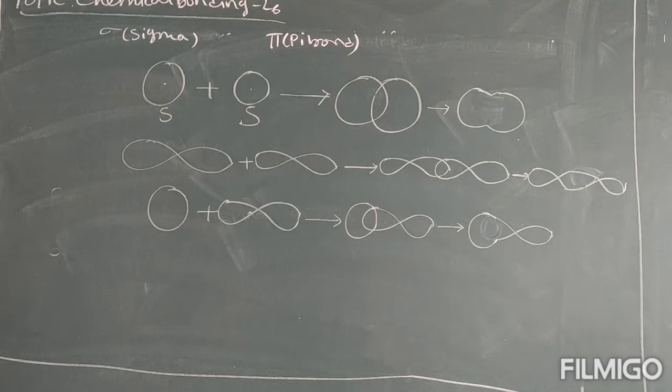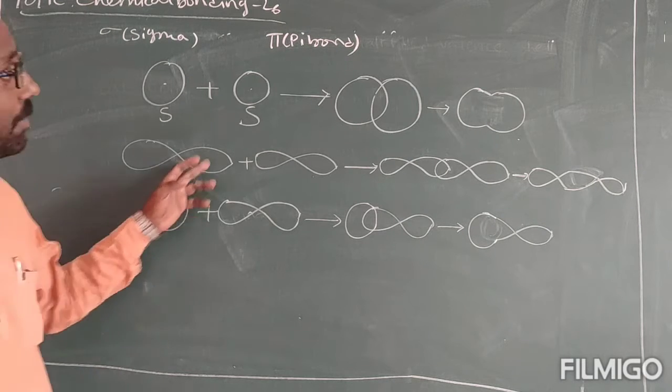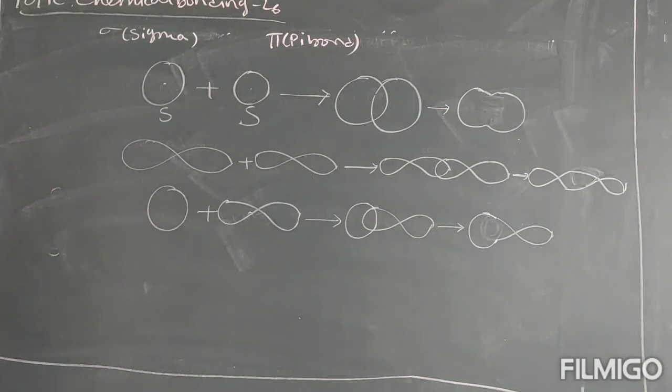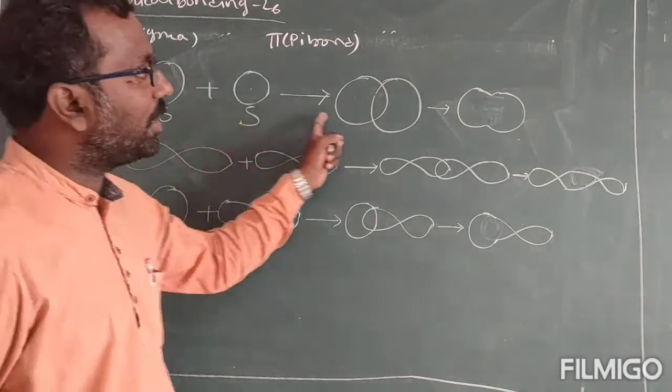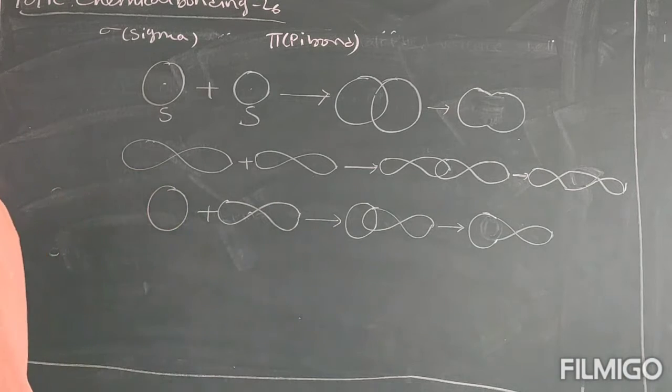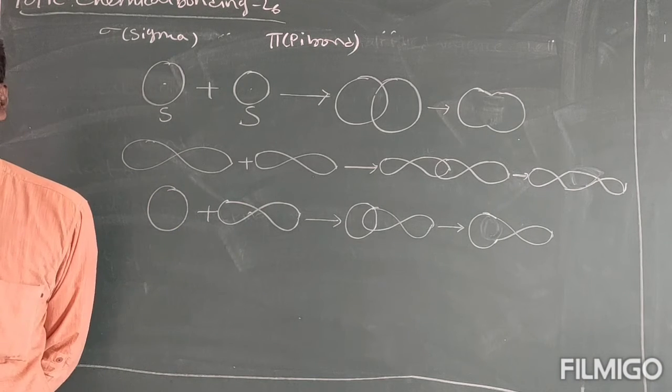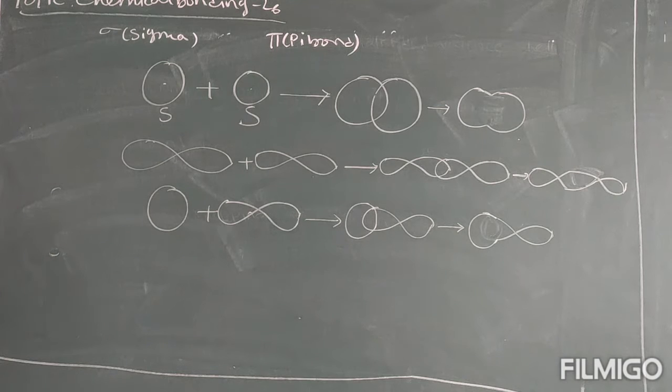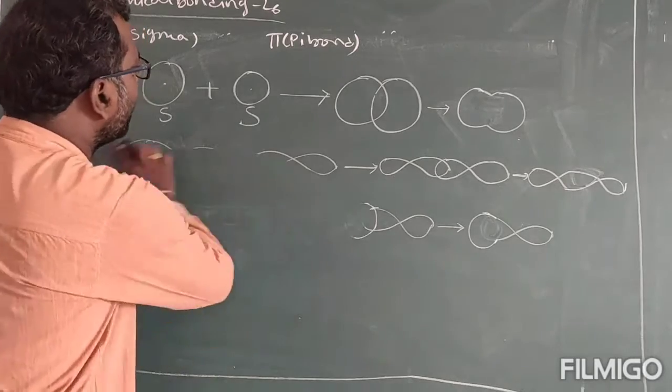Now, what is the pi bond? Sigma bond is through the internuclear axis, whereas the pi bond is formed through the lateral surfaces, that is, side to side.